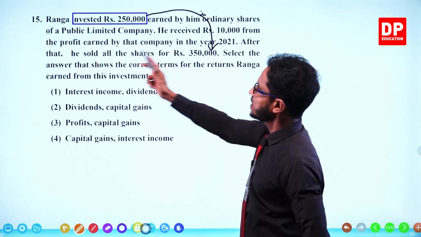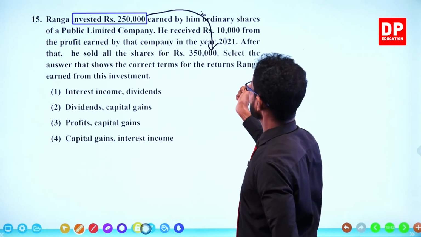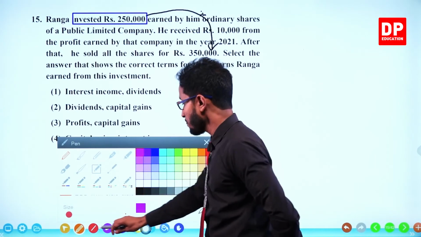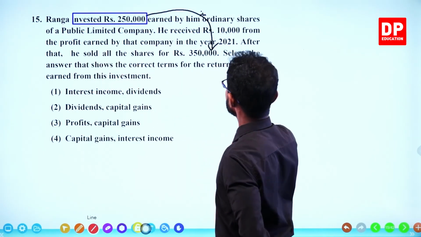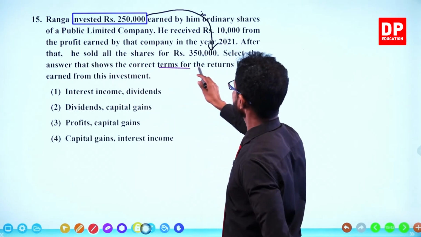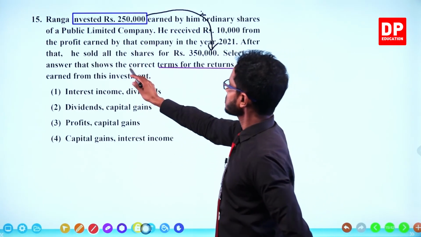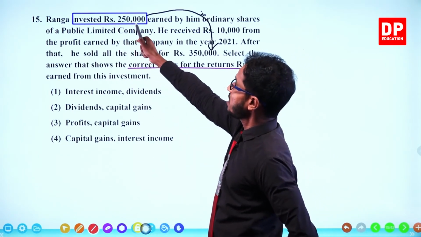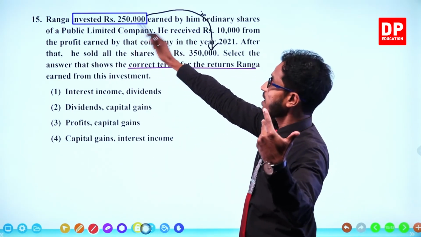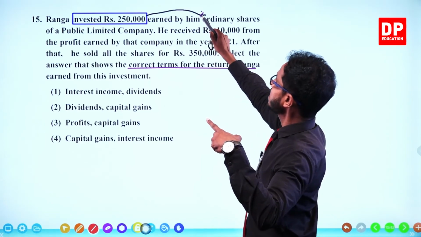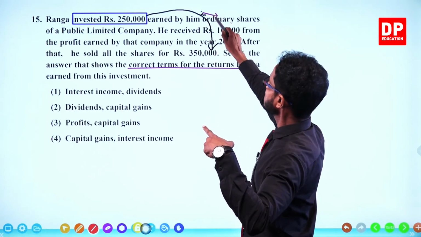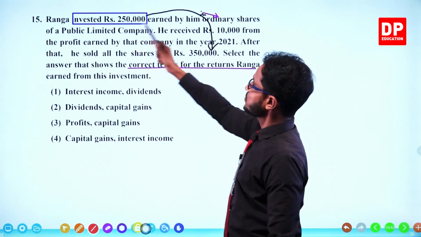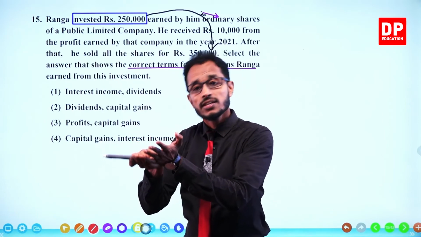Select the answer that shows the correct terms for the returns that Ranga earned. They are just asking for the names. He invested 250,000 in ordinary shares and received 10,000 from the profit of the company, that is called dividends.